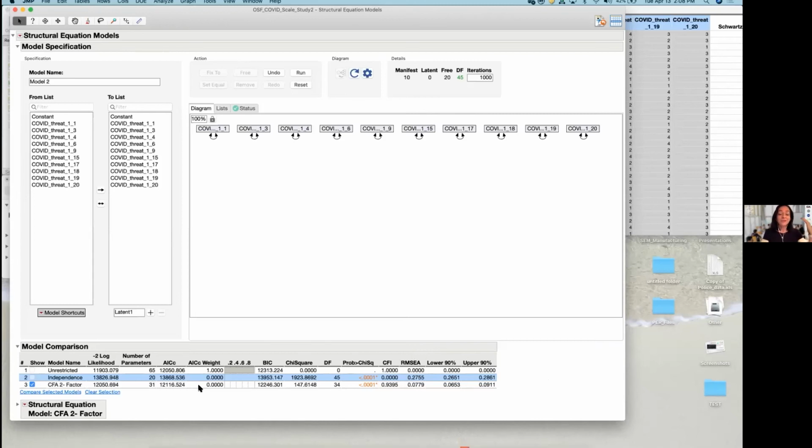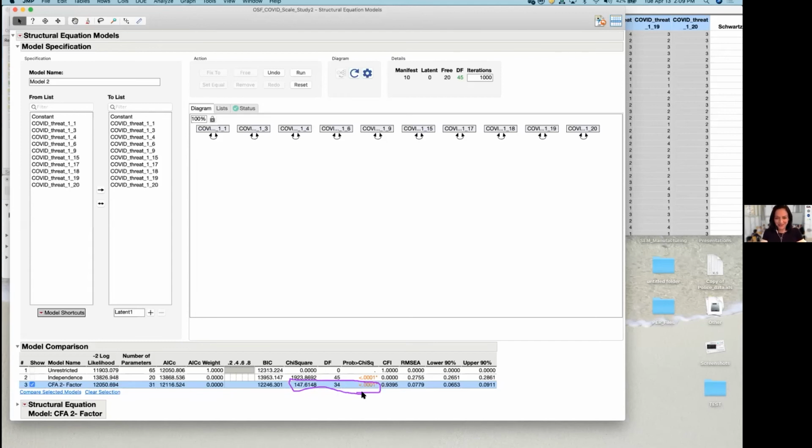Okay, so now we have a really good fitting model, a really bad one, and now we use that information so that we can gauge how good our own model fits, right? First, we can see the chi-square statistic. So we no longer have something close to 2,000. We now have 147. So that's interesting. But remember, we have degrees of freedom associated with that chi-square. And so we can get a statistic that tells us that this chi-square is statistically significant.